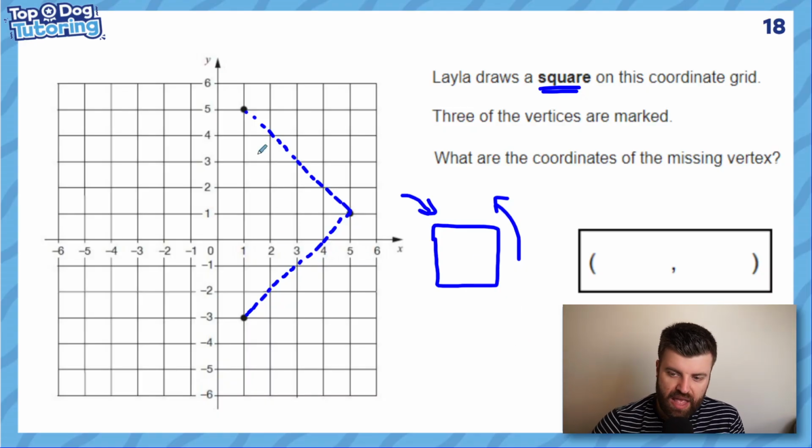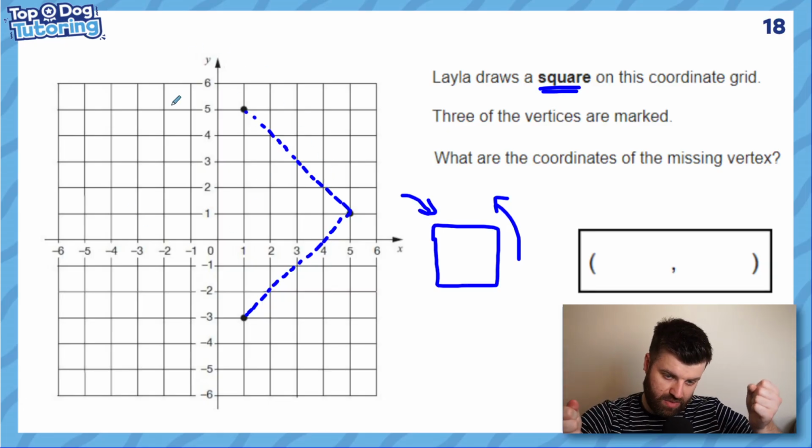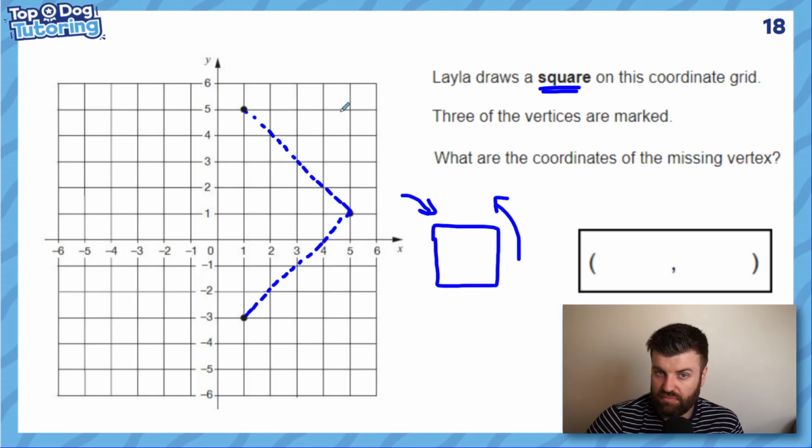So let's solve it. A square has same length sides. So what you could do is turn your paper in real life and make it look like a square. Simple as that. Or you could notice that look what's happening here. We go 1, 2, 3, 4 up, 1, 2, 3, 4 across. So we're hitting the exact diagonal and we're going through the corners of each of the small squares just like this.